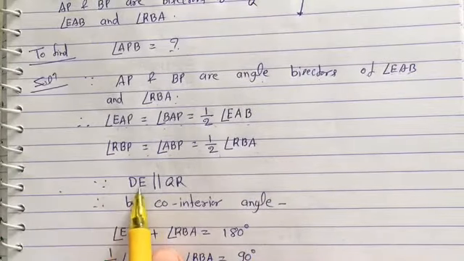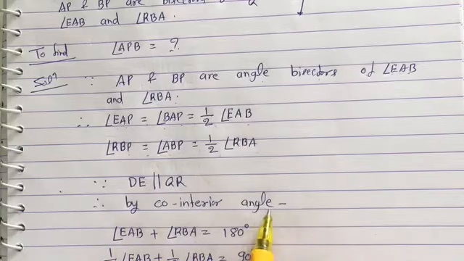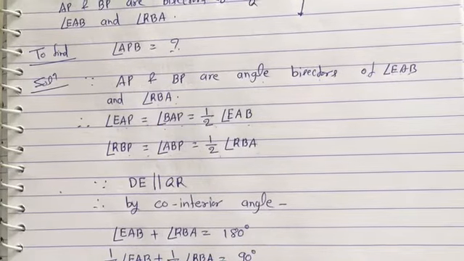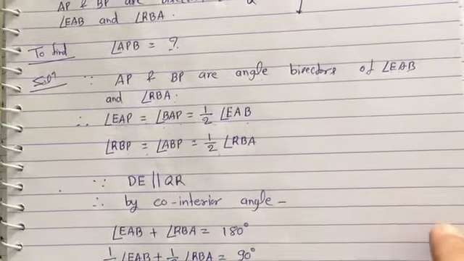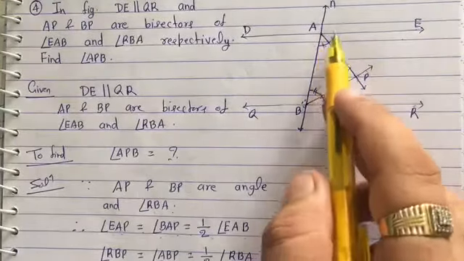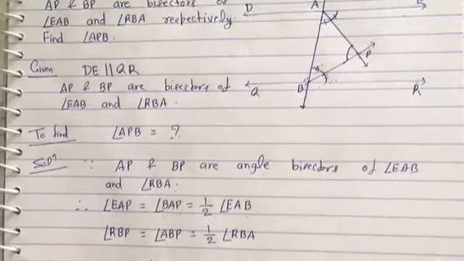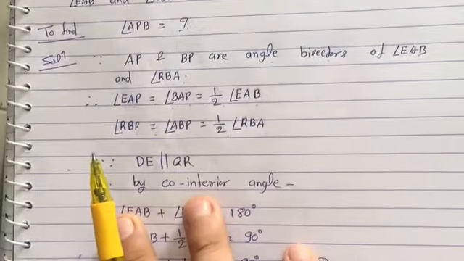Since DE is parallel to QR, therefore by co-interior angles, angle EAB plus angle RBA is equal to 180. You know very well that the sum of co-interior angles is 180 degrees. Angle EAB this angle and angle RBA this angle, the sum of both angles is 180 degrees.